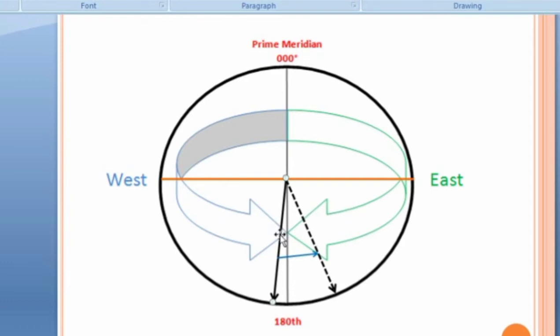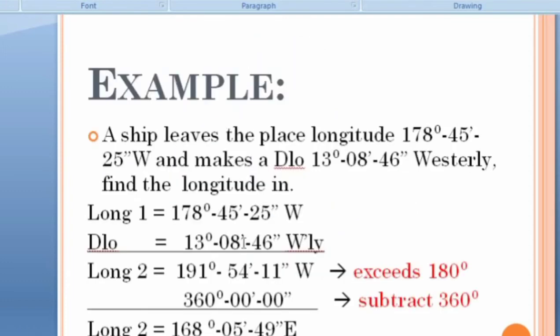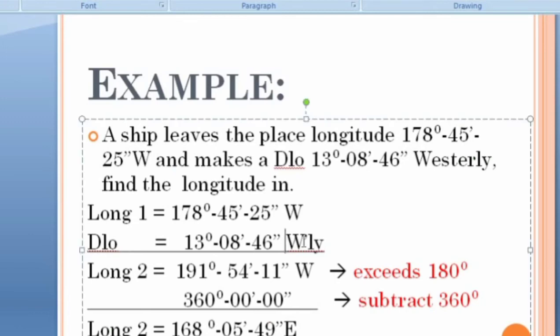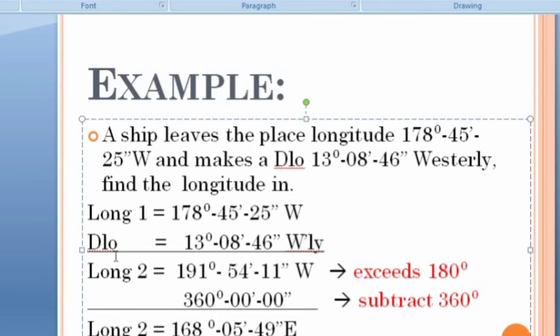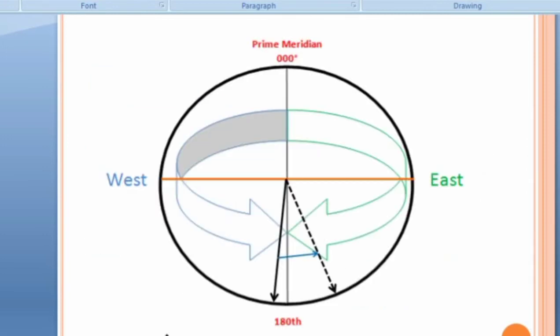So since the direction of the difference of longitude is westerly, which means that we are going on a counterclockwise direction, and since we have the limitation of 180 degrees only, the remaining value or the remaining angle would be the value for the longitude of arrival, right?